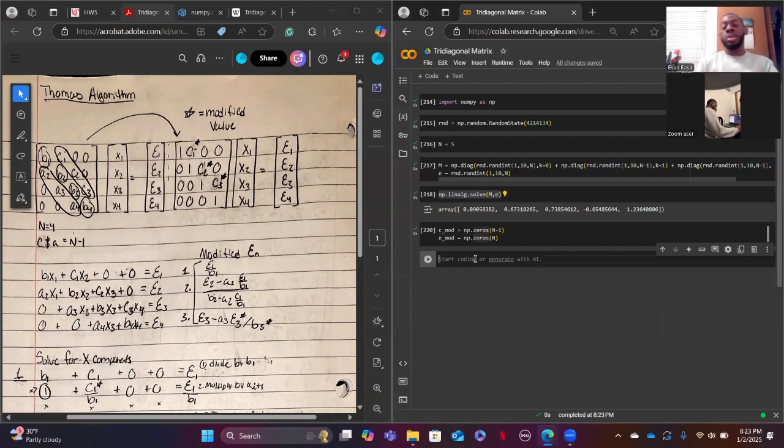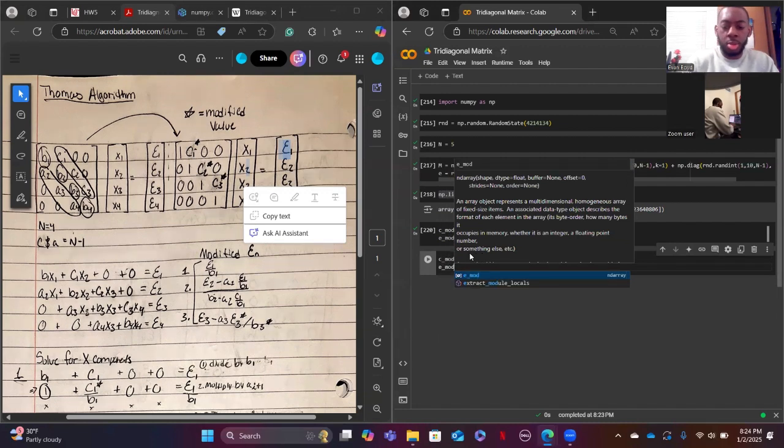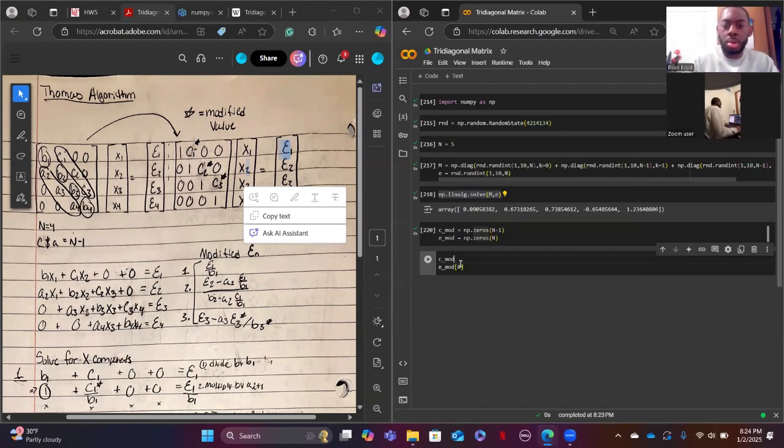Okay. So for our first modification, we want to first capture our first row. So we want to capture first our C1 and our E1 in this case. How we can do that is C mod, E mod, and this would be at position 0. Okay, position 0.